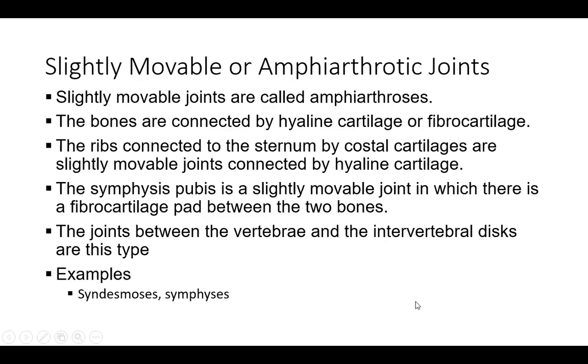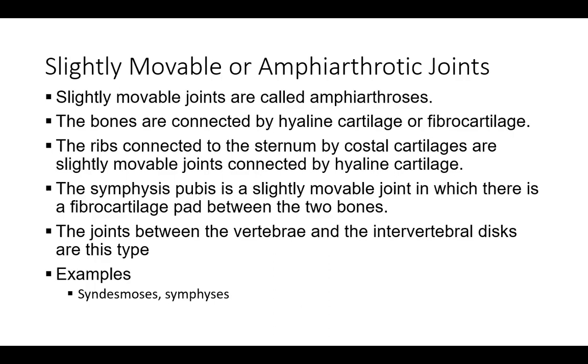Slightly movable joints. I mentioned the symphyses. These amphiarthrotic joints are usually held together or connected by cartilage, either hyaline cartilage or fibrocartilage. The hyaline cartilage is present at the ribs. Where the ribs articulate against the sternum are going to be hyaline cartilage.